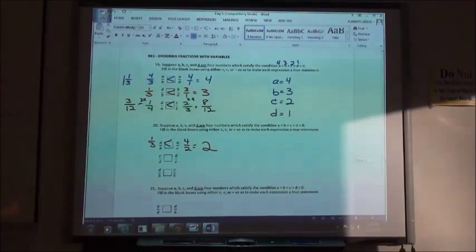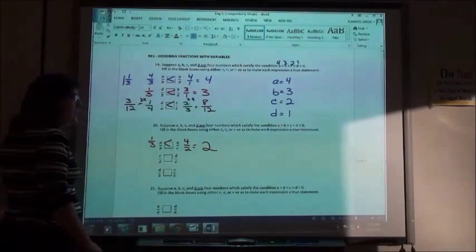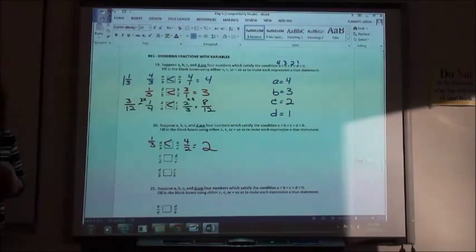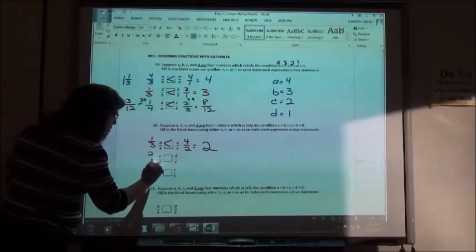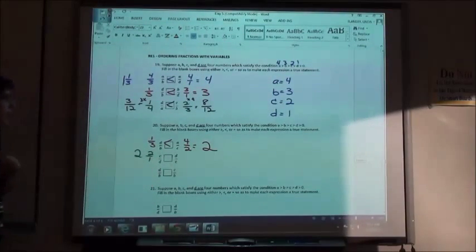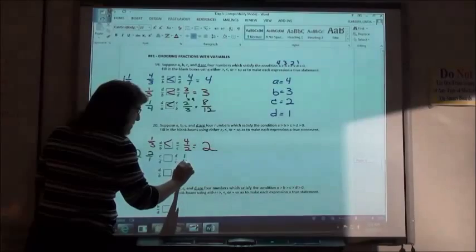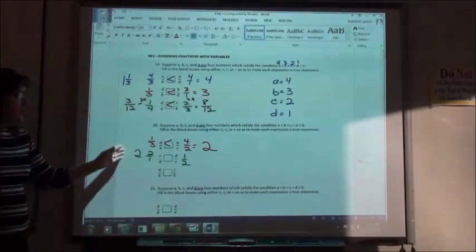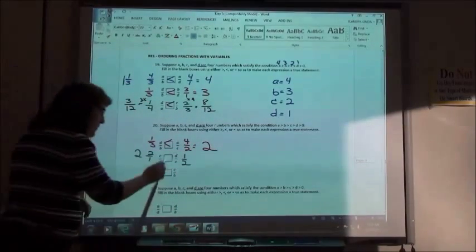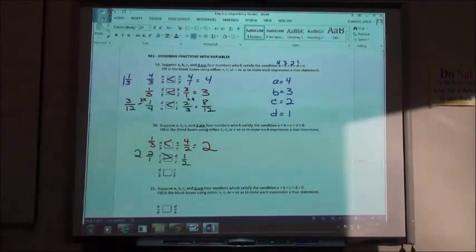C over D would be the fraction 2 over 1, and 2 over 1 is just 2 when we rewrite it. D over C would be the fraction 1 over 2. 2 compared to 1/2, okay, we got a greater than.